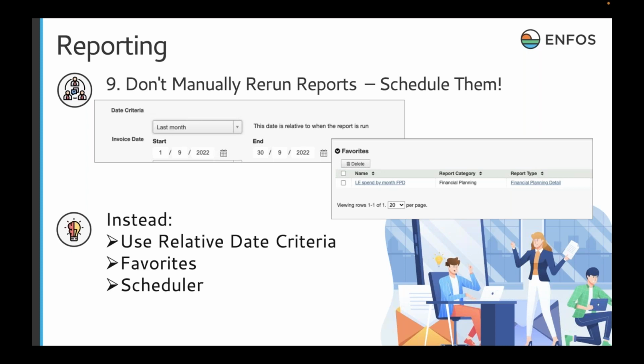So let's stick with the same example. I want to know my invoices paid last month. So I set my criteria as last month and I save it. I save this report, my invoice report, as a favorite. And then I go to the scheduler submodule under reporting. And I set up a scheduled report and I have it sent to me, maybe the first Friday of every month.